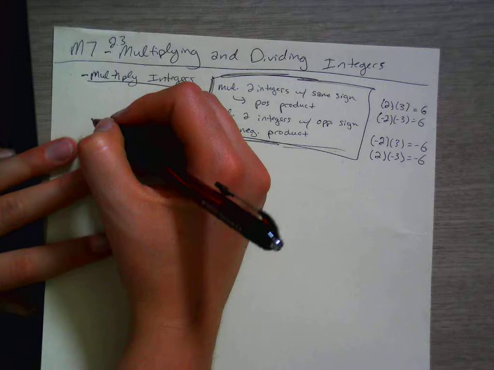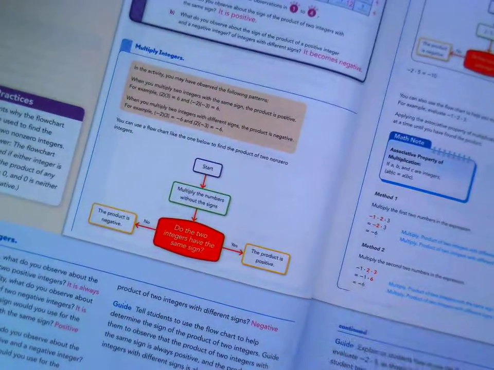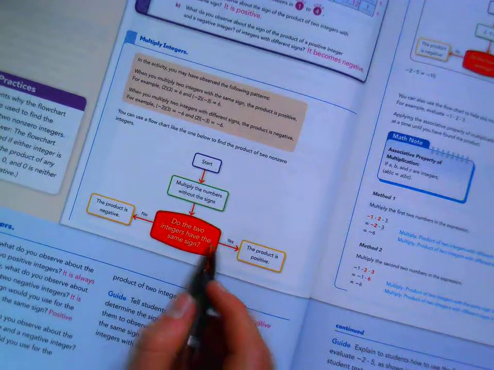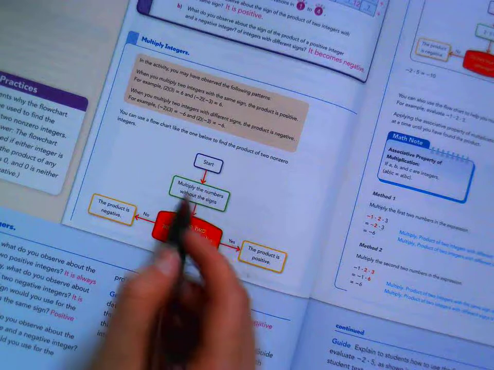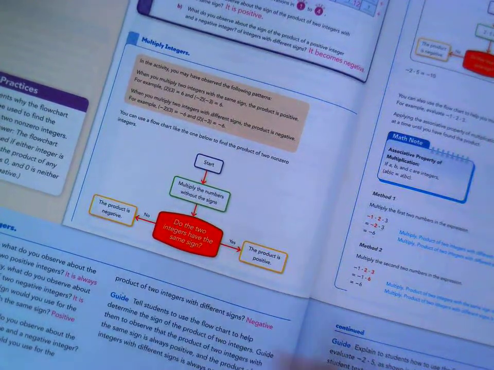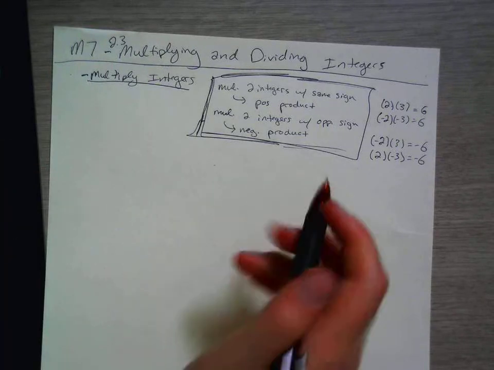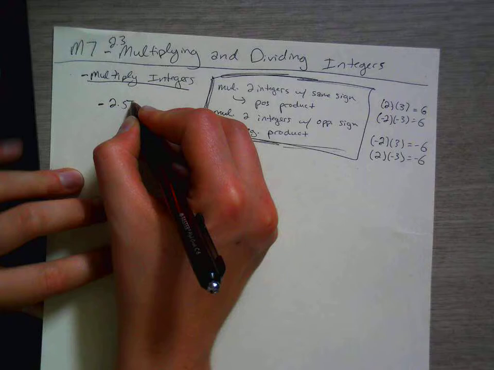Multiply integers. You can use a flowchart, like the one in the book, to find the product of two non-zero integers. Do the integers have the same sign? Yes, the product is positive. No, the product is negative. So you just start by multiplying them without the signs, then you ask this question. And that should help you figure it out. Okay? For example, negative 2 times 5.